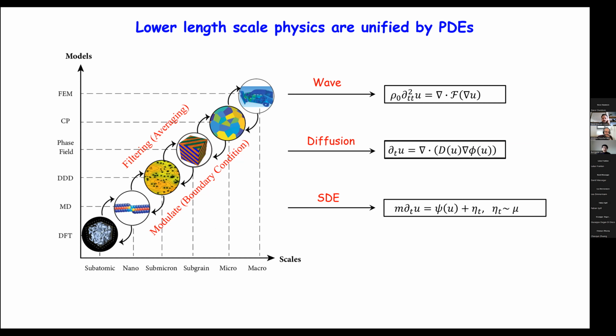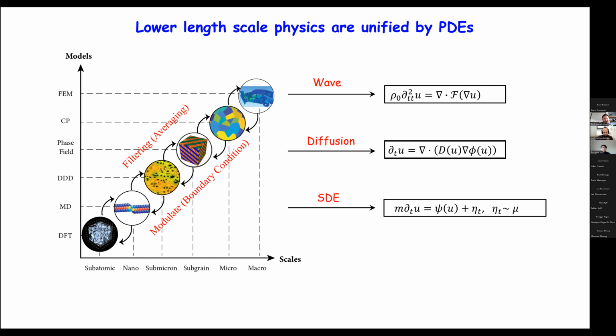For example, if we look at our macro scale model, the finite element method, we're solving for a continuum, which is basically a wave equation, right? It has a form showing here. And if we're looking at, for example, the phase field method, we consider the subgrain features, the phase changes, and that resembles a diffusion type of model.